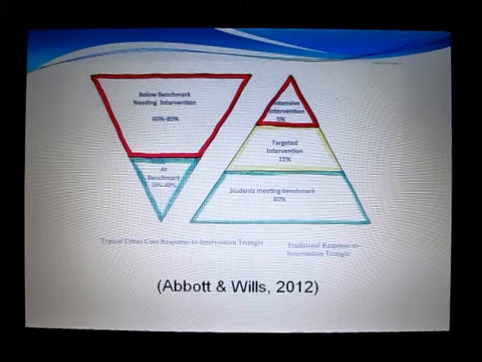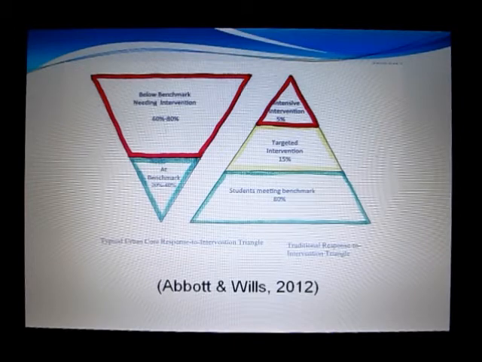The vast majority of the population in the school is in that red section, which would be a tier 3 intervention, 60 to 80% of the students needing really intensive interventions. The section in the middle for tier 2 interventions is really slim. They've found that while it doesn't mean that they are not being provided, it's not a large percentage. It's not like in this traditional pyramid where you see 15%.